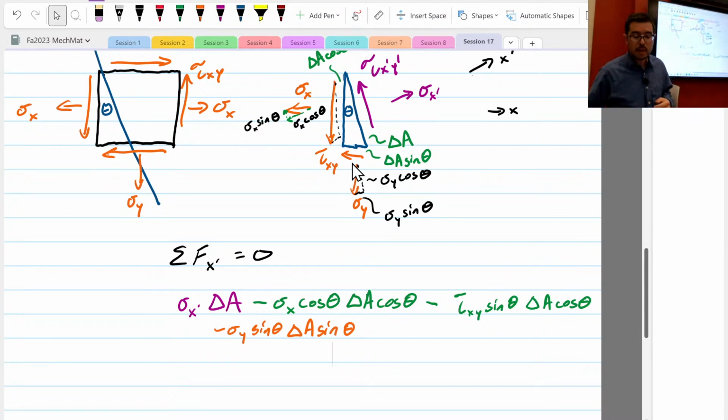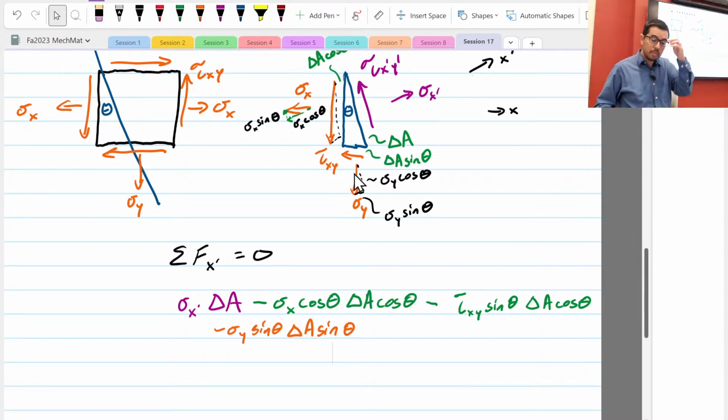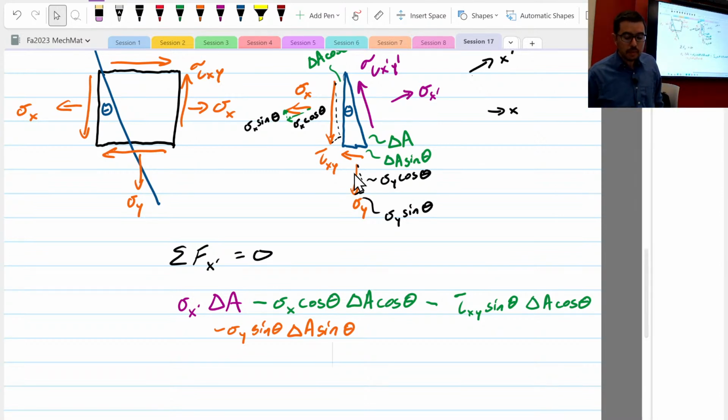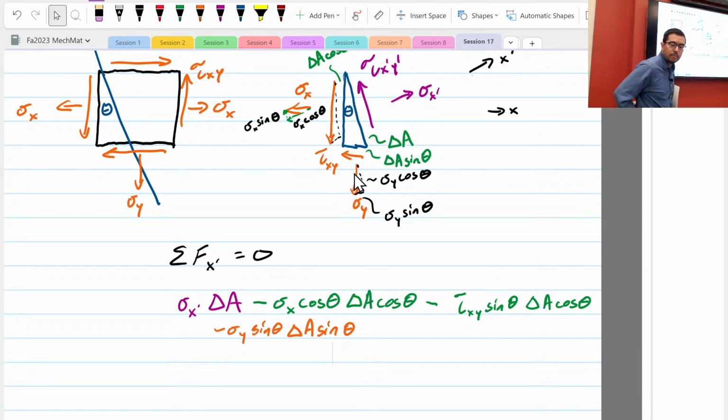And there's one more. Tau xy comes back to haunt us again. This time I didn't draw the components, but you tell me, just by looking at it, which direction is it contributing? Is it contributing in the positive x prime direction or the negative x prime direction? Negative.